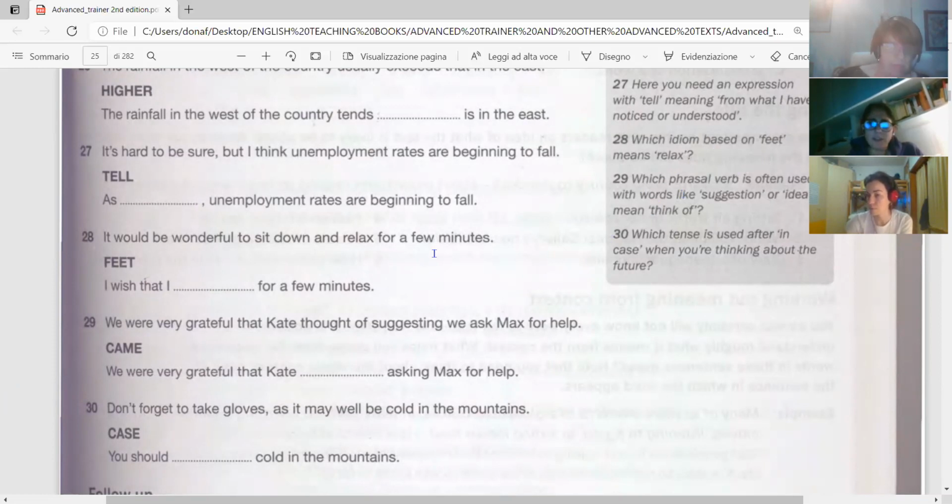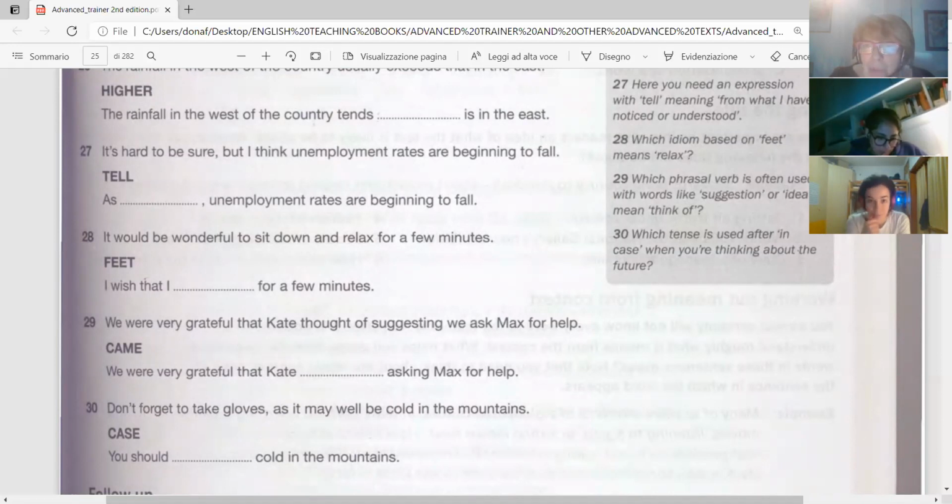Put your feet up. Okay. Yes, somebody's feet up. I wish that I am be able to fit my feet... sorry.